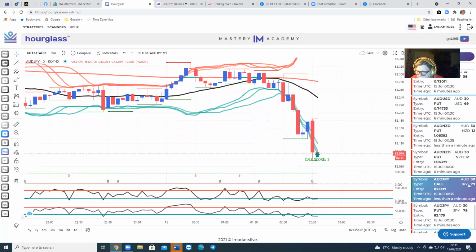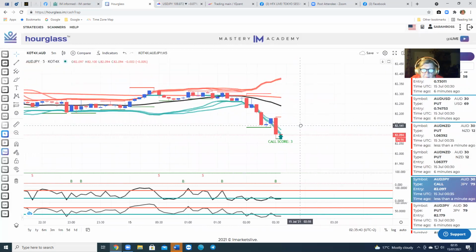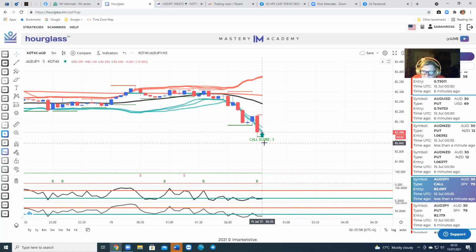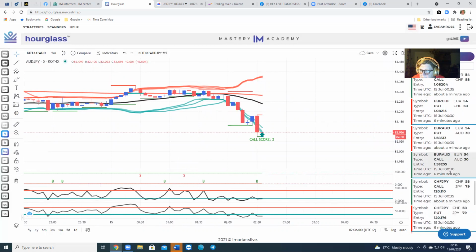Right down at the bottom, the Australian dollar tanking. But here we have the moving average in our favour, but it's right down at the bottom of the Bollinger Bands. So not ideal to take calls on that by any means.